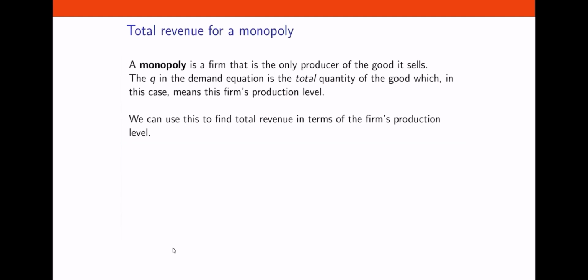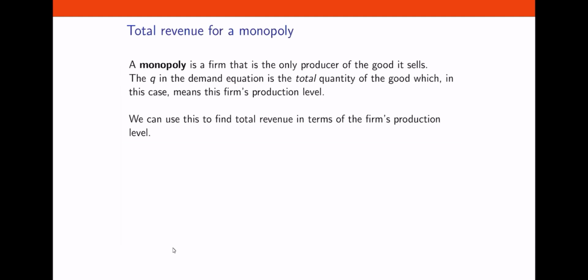because the Q that appears in the demand equation is the total quantity of the good. Now, if this firm is the only producer of the good, then that Q in the demand equation, the total production of the good, is exactly its production level. Without the monopoly assumption, the Q in the demand equation would represent the combined production of a number of producers.